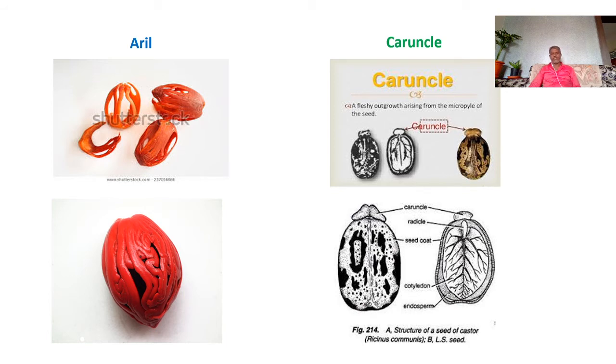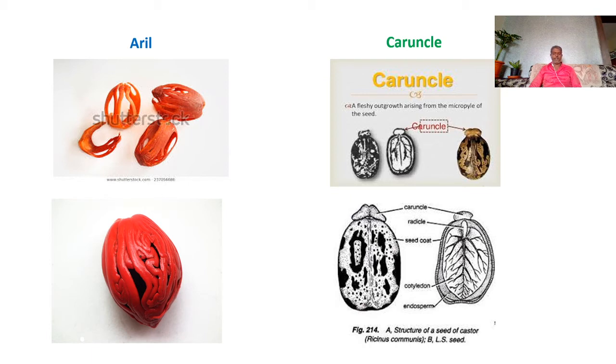And this is the caruncle. It is an extra growth present at the micropylar region of the seed, and it is a characteristic feature of the family Euphorbiaceae. You can easily observe it in Ricinus communis seeds.